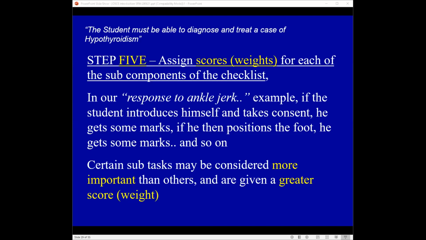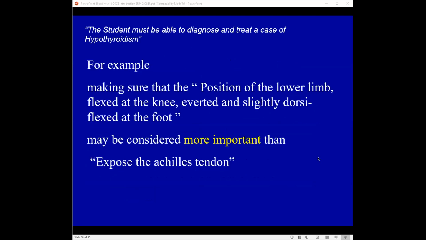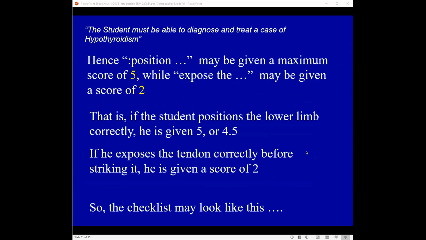And we are also aware that certain tasks are probably a little more important than others. For example, positioning the lower limb flexed at the knee, everted and slightly dorsiflexed, probably is a little more important than exposing the tendon. So therefore, we give that one a slightly higher score than the other one.